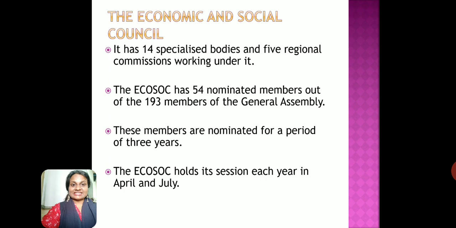There are 193 member countries in the United Nations, and out of those, how many are nominated to the ECOSOC? Only 54. These member countries are nominated for a period of 3 years, and after that another set of member countries will be nominated.